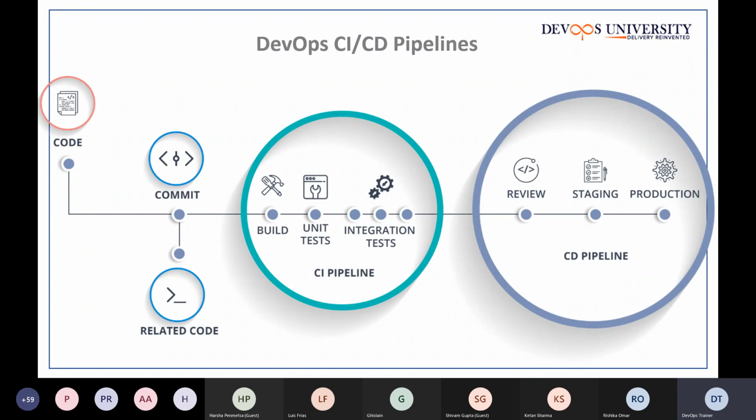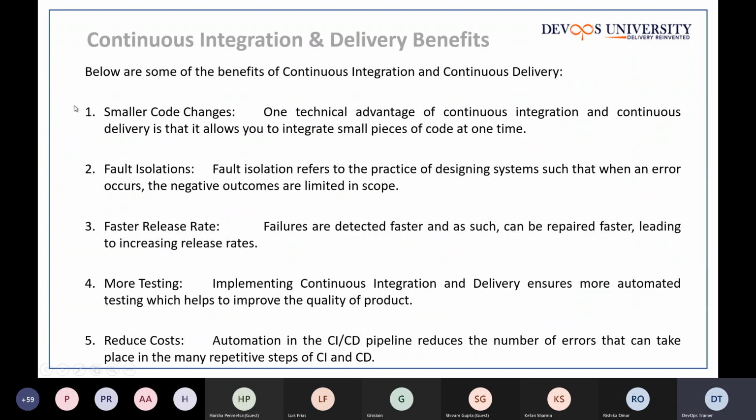So this is what we call a typical CI/CD pipeline, where both continuous integration and deployment are considered. That's the approach we are going to follow here. The benefit is very simple: it helps us with smaller code changes, fault tolerance, faster release rate, more testing, and reduced cost.